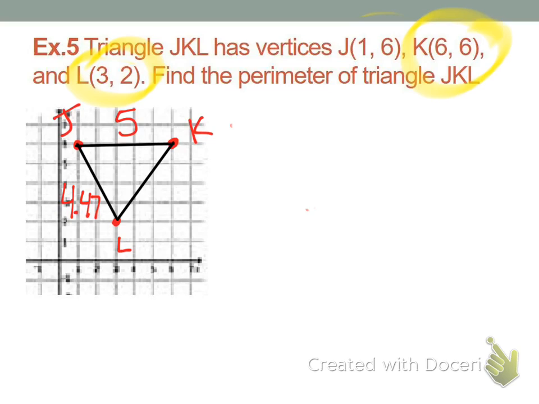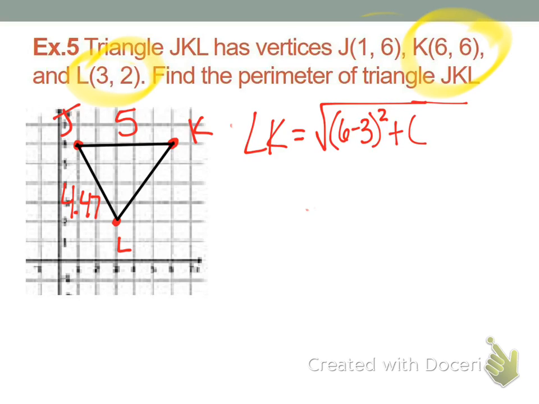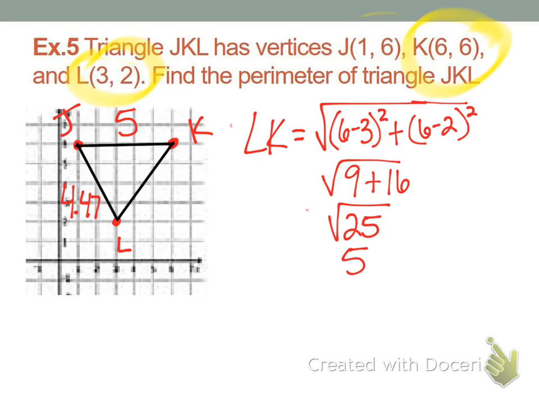Still using L, also going to use K. My x's. 6 minus 3 squared plus my y's, 6 minus 2 squared. 6 minus 3, go ahead and square it. Plus 6 minus 2, go ahead and square it. Add them. Square root it. Beautiful.